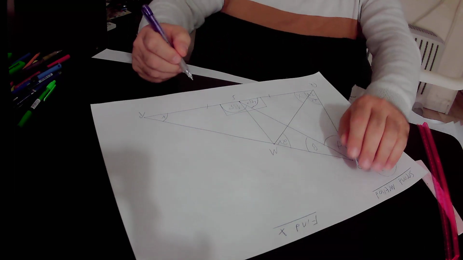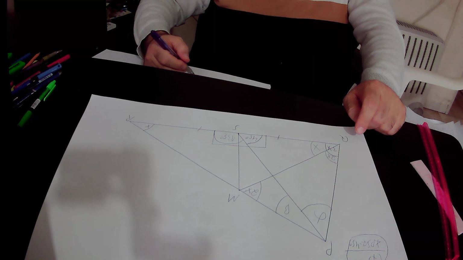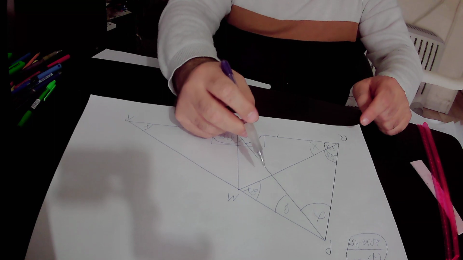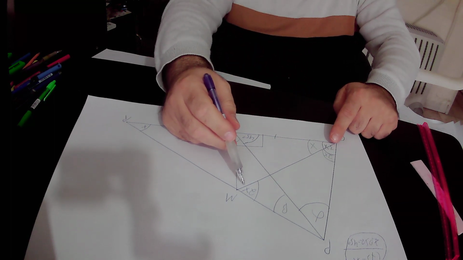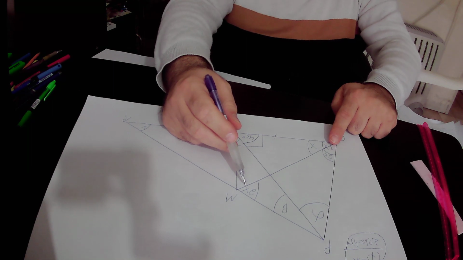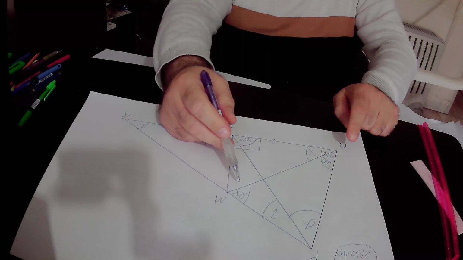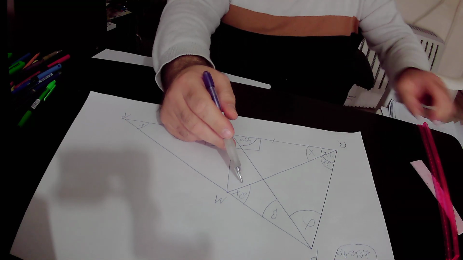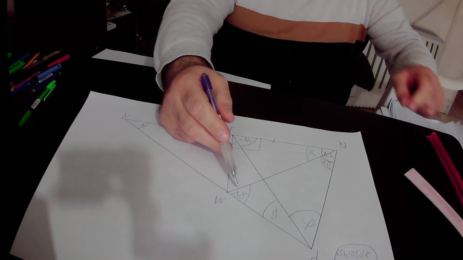Okay? And here, triangle PQM is an isosceles triangle because it has two angles that are equal to each other. Both those two angles are equal to 2x. Triangle PQM is an isosceles triangle, and we have the rule that in front of equal angles in the triangle there are equal sides.